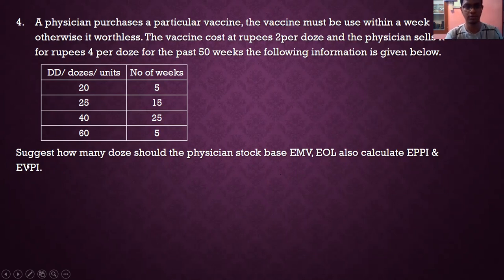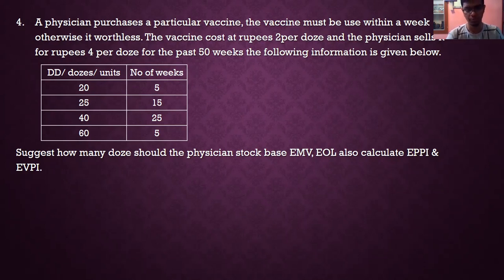The first thing we have to see in this question is how much he is buying for. He is buying for 2 per dose, and we have to keep that in mind. The physician is selling it for 4 per dose. By selling he makes a profit of rupees 2, and if he doesn't sell he'll make a loss of rupees 2.